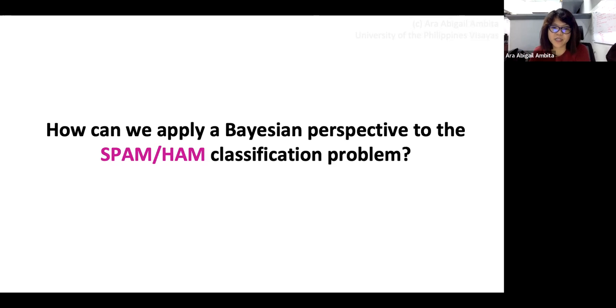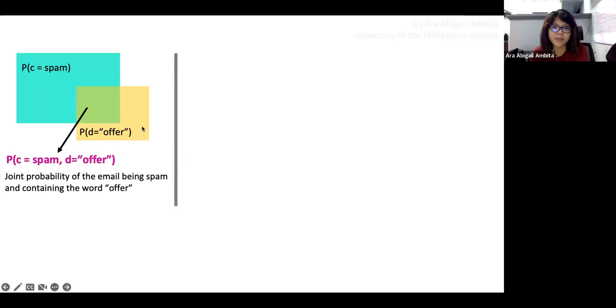Okay, so a probabilistic perspective on the spam or ham classification problem. We can think of an email as having a probability of being spam, or a probability of containing certain words. So let's say the probability that the email is spam may be denoted by P of C, and the probability that the email contains the word offer is P of D. You can see here the intersection between these two probabilities is the joint probability of the email being spam and containing the word offer.